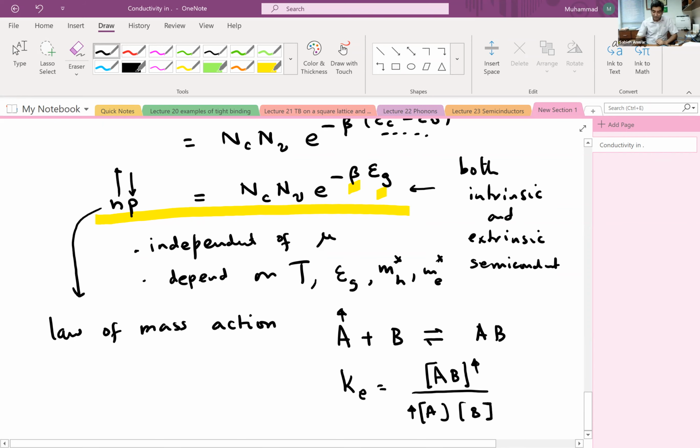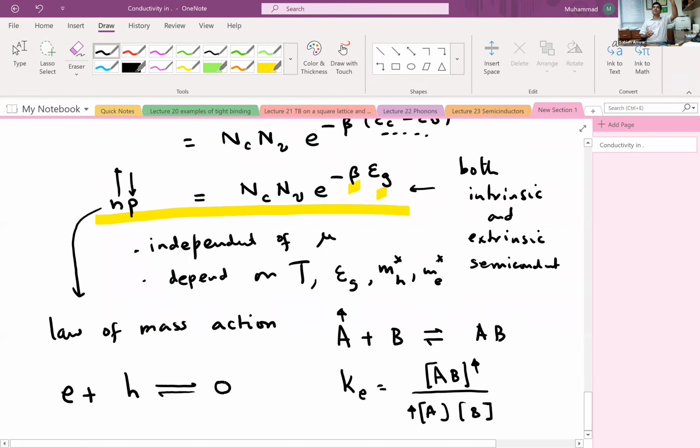Now what we have in this semiconductor scenario is that electrons and holes are being generated in a thermal process. And they can also recombine, which means they can annihilate one another. So our effective semiconductor reaction is like this. Electrons and holes are being generated and they can also recombine.